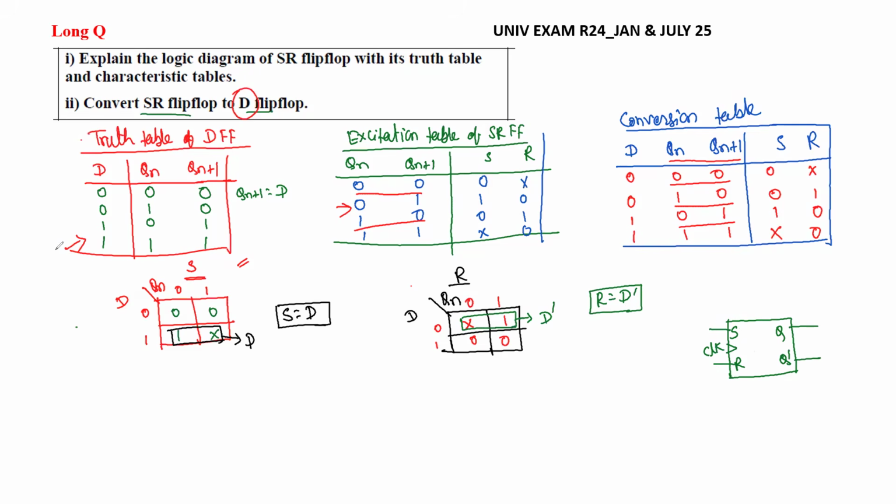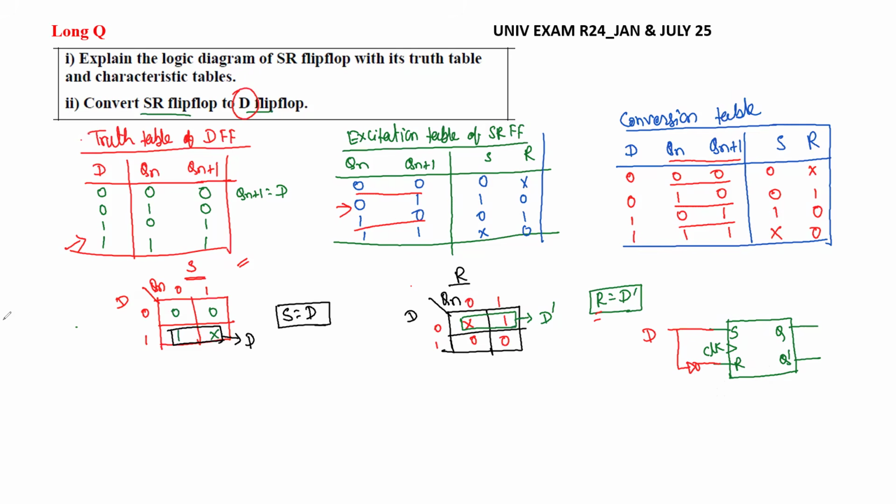We already got the expression for S in terms of D, so D is the same as S, and that D input is connected. R is D dash, which means we have to use an inverter. Like this we have designed a D flip-flop using an SR flip-flop. Many times students write D inside and SR outside, and they are not able to get proper marks. So that is very important here.